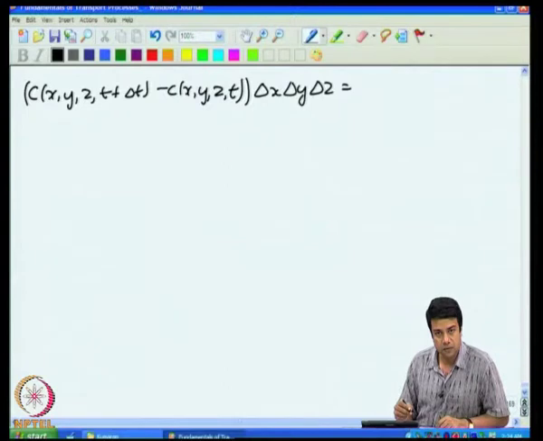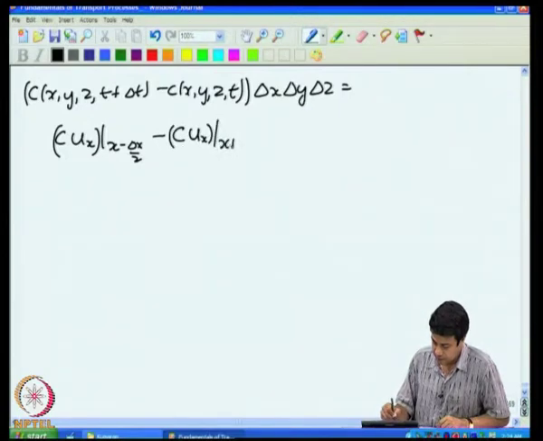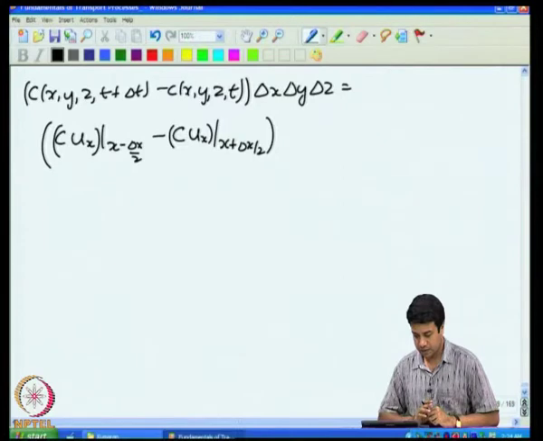First, due to convection, the mass in at the front and back faces is going to be C u x at x minus delta x by 2 minus C u x at x plus delta x by 2 into area into time.